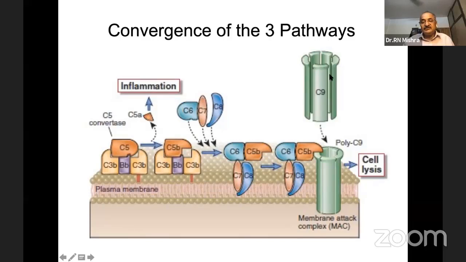And you can see how the C9 molecule is like a tunnel. This terminal membrane attack complex forms a tunnel in the lipid membrane or the plasma membrane of the microbes or the cell. And once that hole is prepared, the cell undergoes lysis.